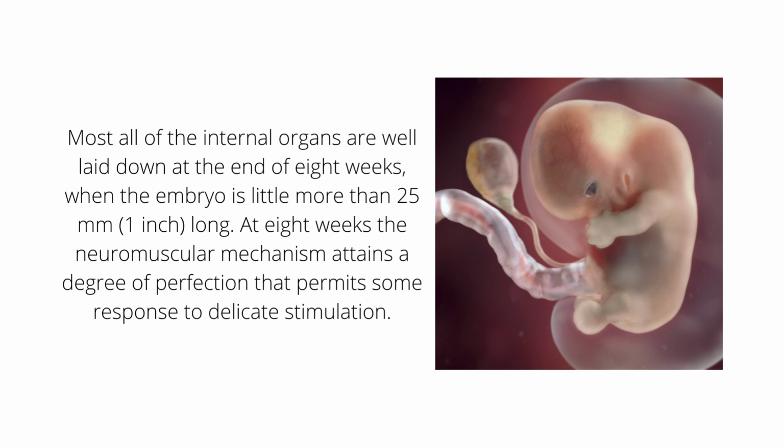Similarly, the chief changes are those the internal organs and parts undergo in the growth of tissue specialization. Sa 8 weeks, the neuromuscular mechanism attains a degree of perfection that permits some response to delicate stimulation.